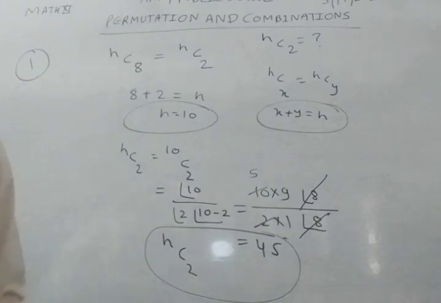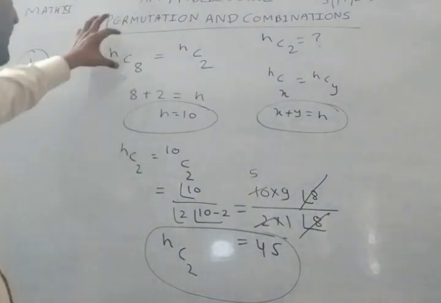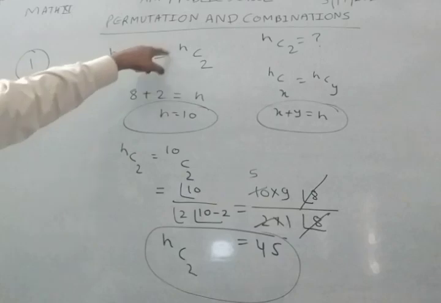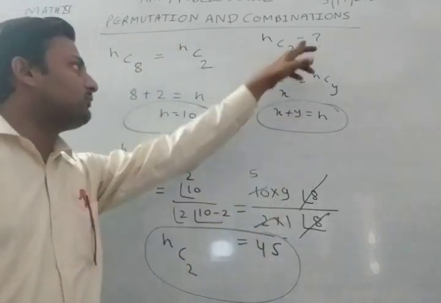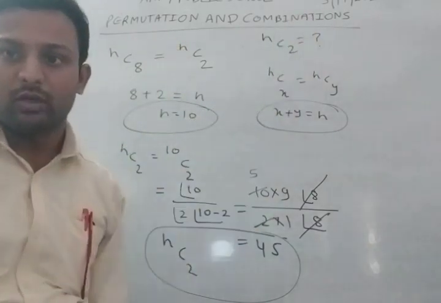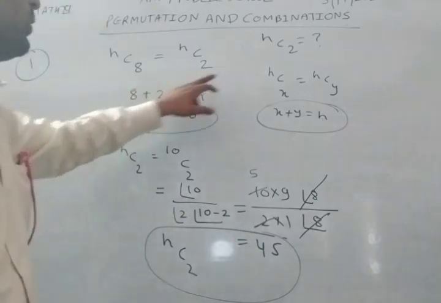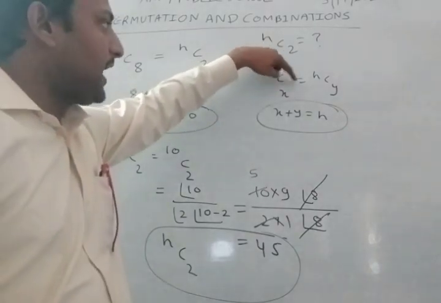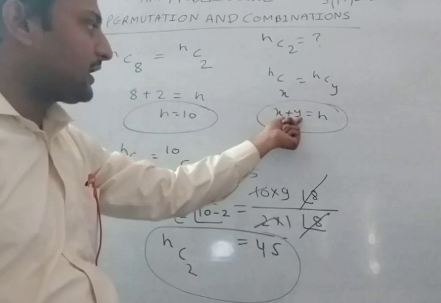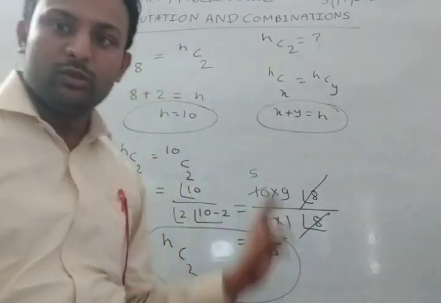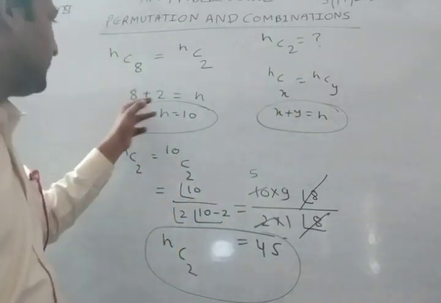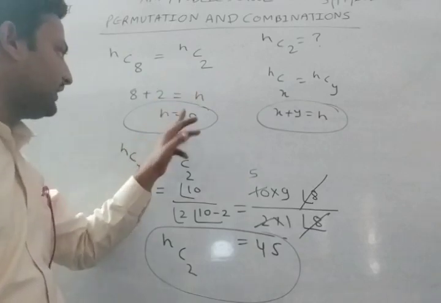I hope you understand. The question was nC8 is equal to nC2 and we have to find nC2. We know the property that if nCx is equal to nCy, then x plus y is equal to n. Using this property we write 8 plus 2 is equal to n, so n is 10.